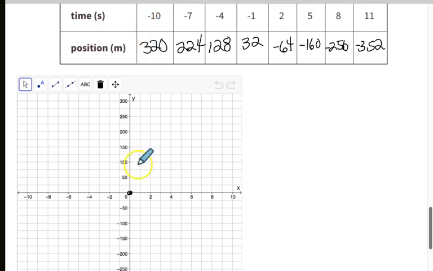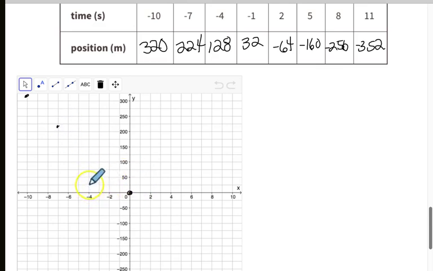So my time is going to be the x, and the position is going to be the y numbers. Negative 10, positive 320, so that's going to be somewhere up here. Negative 7, positive 224. And we won't be able to get it perfect, but it'll be somewhere around here.